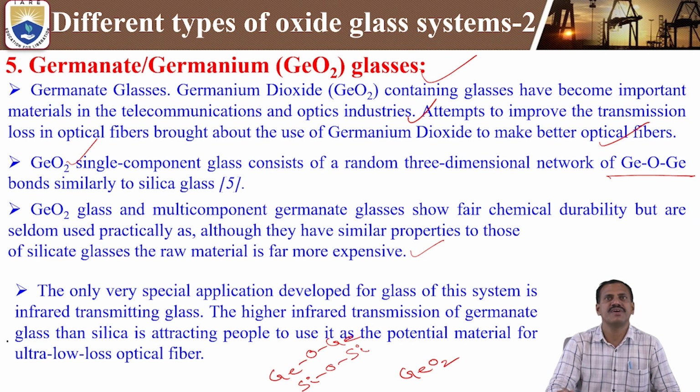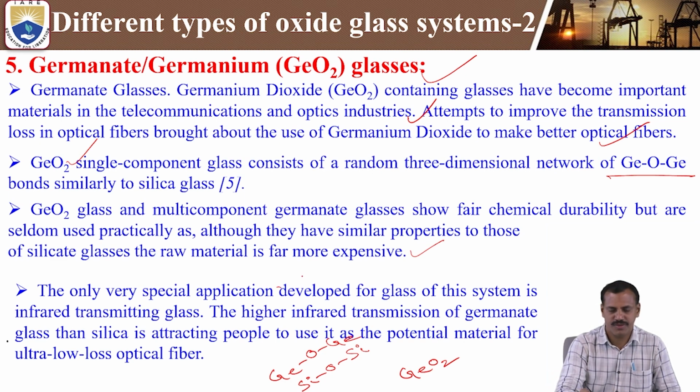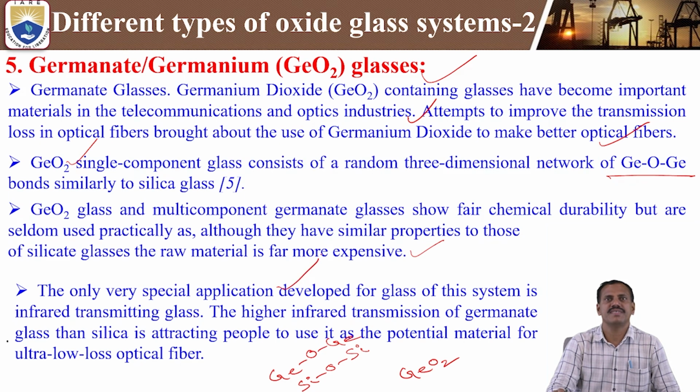The only very special application developed for glass of this system is infrared transmitting glass. In optical spectroscopy, germanium based glass systems are used for infrared transmitting glass.